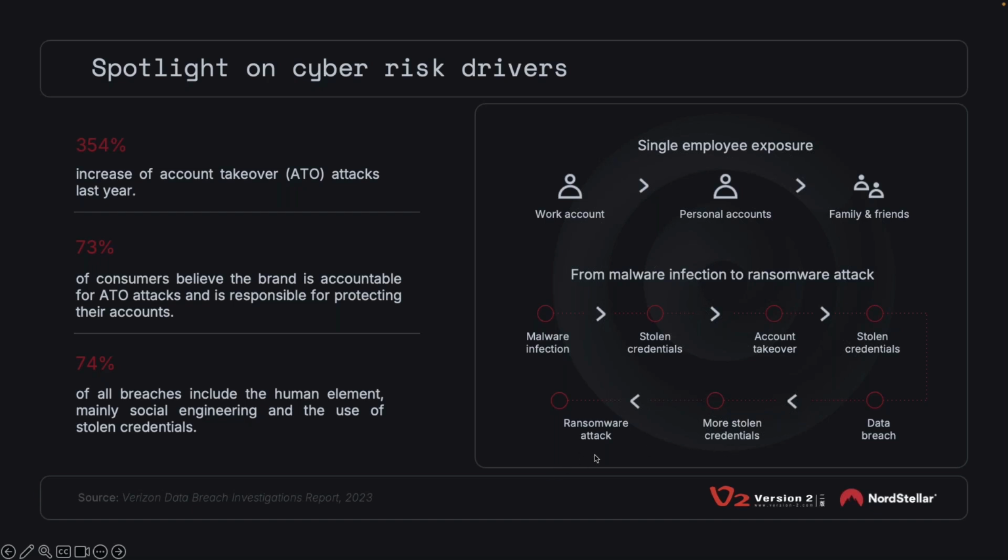Then it will result in a ransomware attack, because initially they may have an end user with low privilege, but then they try to get a high privilege account somewhere through account takeover or internal attack, lateral movement. Then they have a high privilege account, and then they have a ransomware attack.